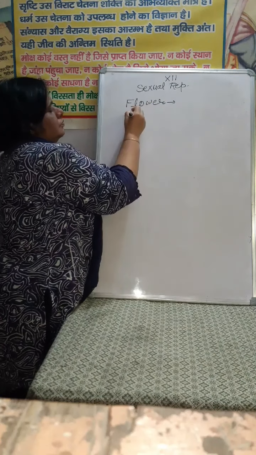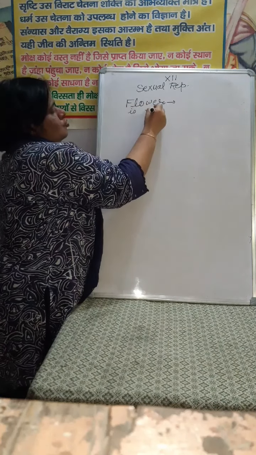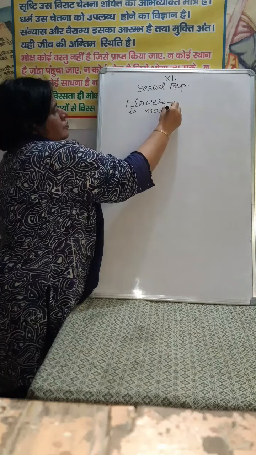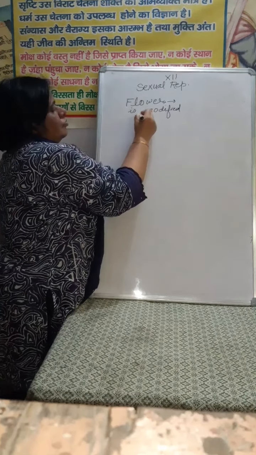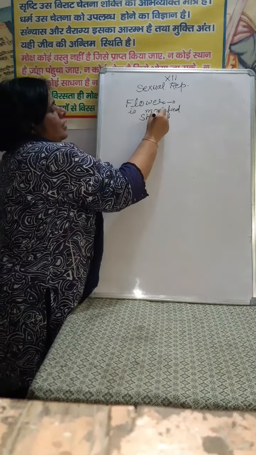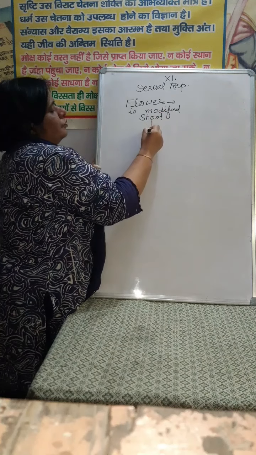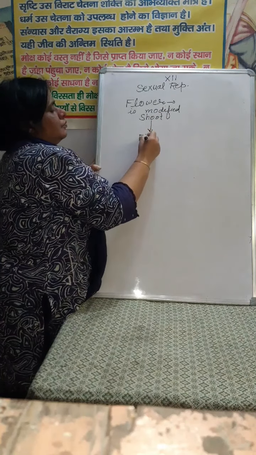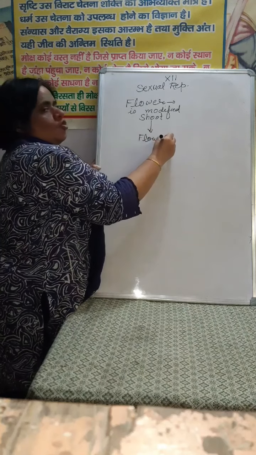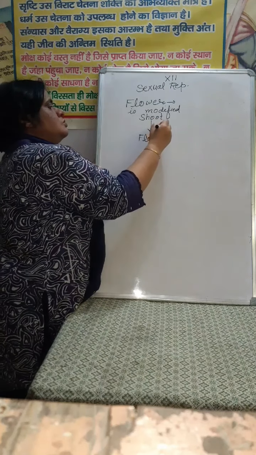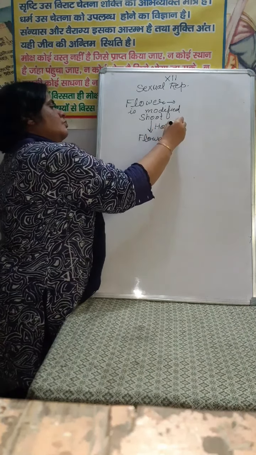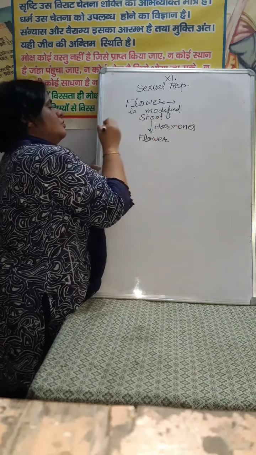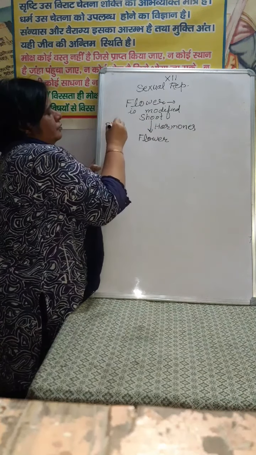Flower is the modified shoot. Shoot gets modified to form a flower under the influence of hormones and a particular photoperiod.